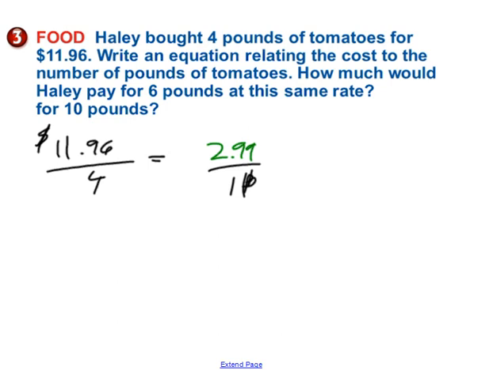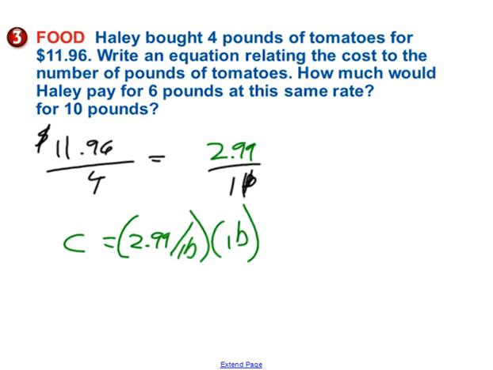So I'm going to say, well, the total cost is equal to the price, which is $2.99 per pound, times the number of pounds. All right, so the cost here for 6 pounds would be $2.99 times 6 pounds. So $2.99 times 6 is $17.94.